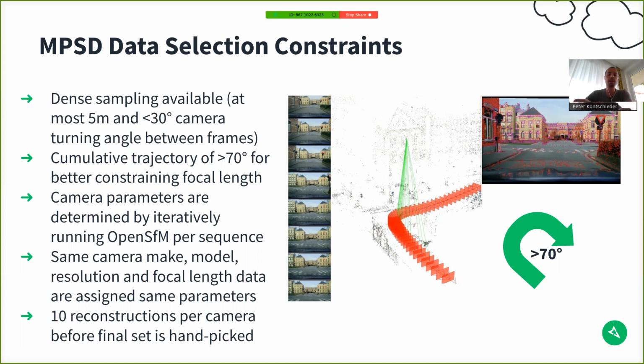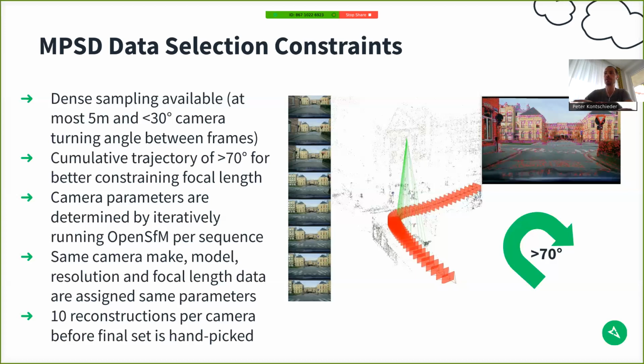Now, one important fact to remember is that the data uploaded to Mapillary does not come with any camera calibration parameters. So we need to determine these by ourselves. And we do that by running an iterative way of estimation for those parameters. We initially start an SFM algorithm.